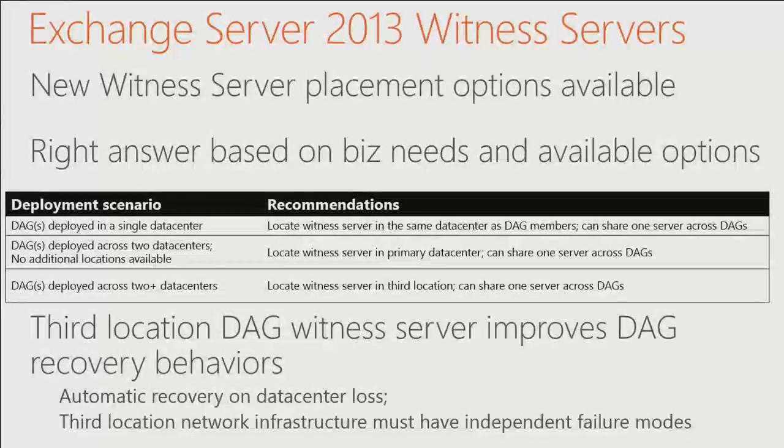The case that comes up in 2013 is what I call the 2.5 site option, which Scott happens to hate the terminology, but I like it, because the point is that you can put the witness in a site that you wouldn't put Exchange servers in, but is well enough connected that it's failure independent from a network perspective to the other two locations. If you do that, then when you lose network connectivity between the two data centers, one of them will be able to reach the witness and keep the DAG up. So you will get automatic recovery.